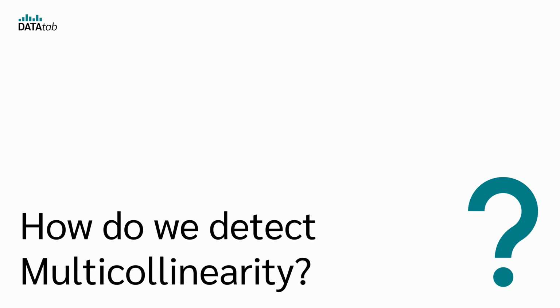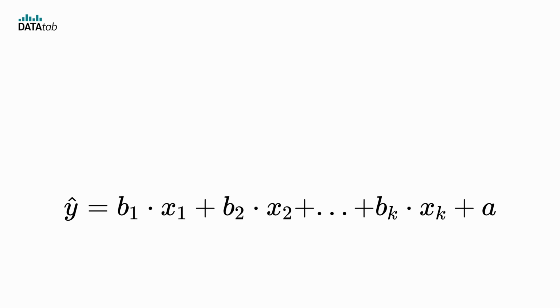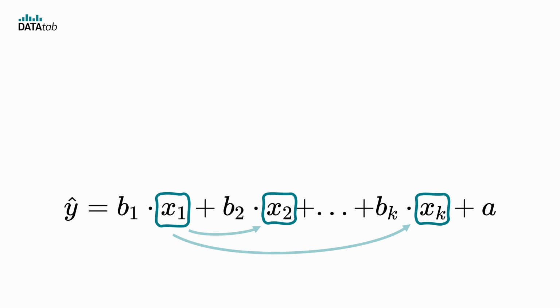Okay, but how do we detect multicollinearity? If we look at the regression equation again, we have the variable x1, x2, and up to variable xk. We now want to determine whether x1 is nearly identical to any other variable or a combination of the other variables.